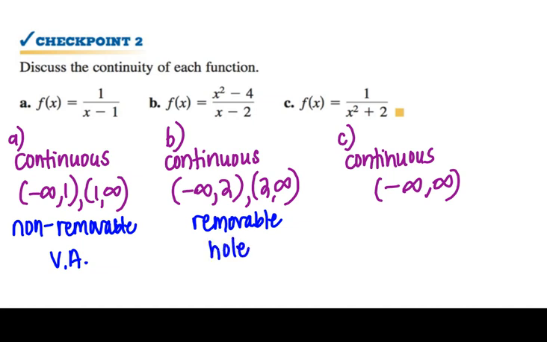And the graph would be a hole in that position. And this last one, there is no discontinuity, which is why we have from negative infinity to positive infinity. It's a beautiful thing.